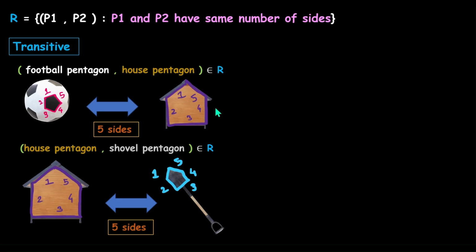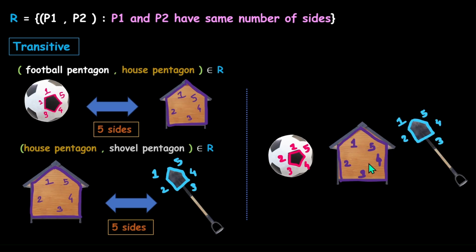So if this and this belong to the relation R, and this and this belong to the relation R, what we have to show is that the football pentagon and the shovel pentagon should also belong to the relation R. So let's keep all of them side by side, and let's take out our house pentagon now from between. We can see that the football pentagon has 5 sides.